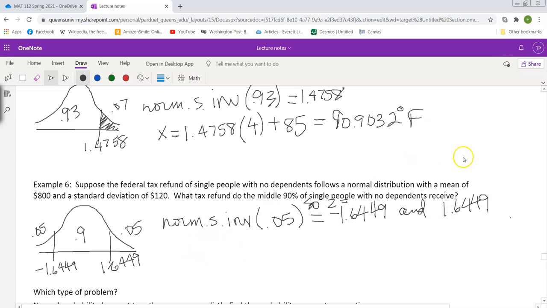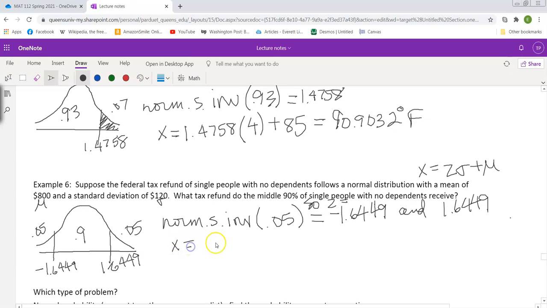Now we take both of those values and convert to x using the same formula, x equals z times sigma plus mu. They told us mu was 800 and sigma was 120. I'm just going to write this as plus or minus, and I hope that's okay, because it's really two separate problems.